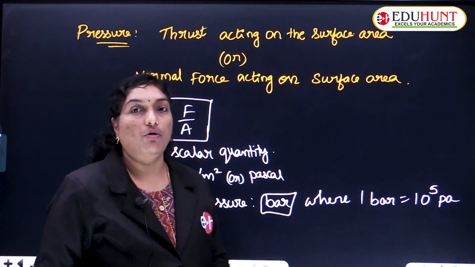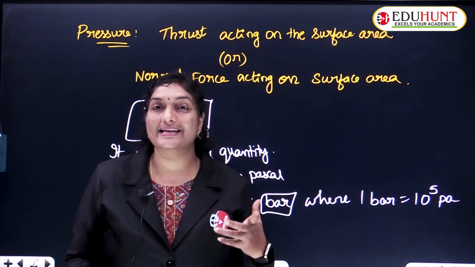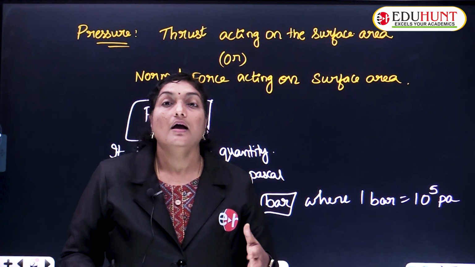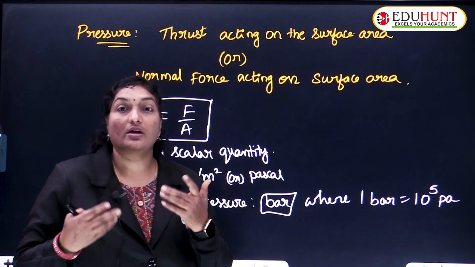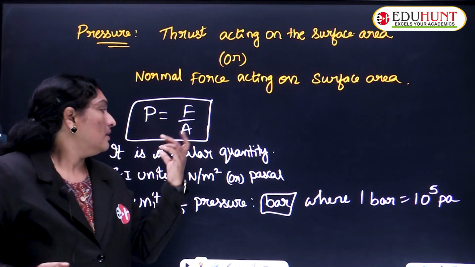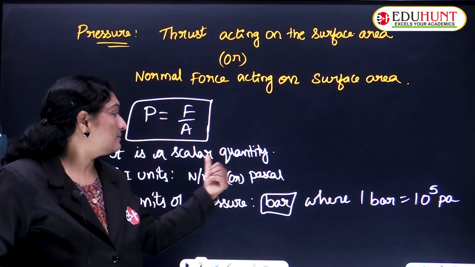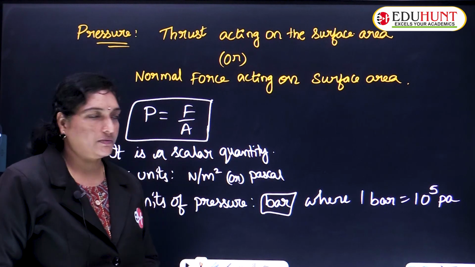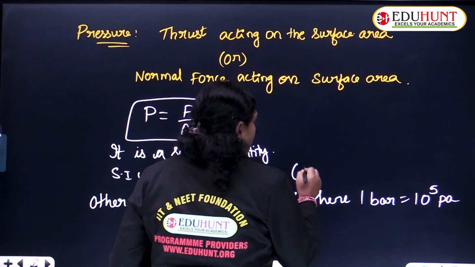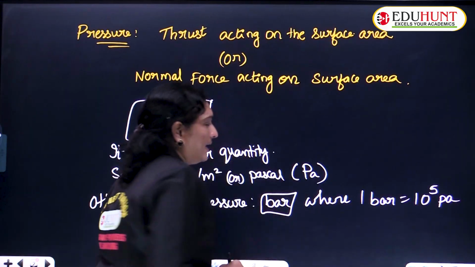Pascal is the name of a scientist, Blaise Pascal. In honor of Blaise Pascal, as a token of respect, the unit of pressure is taken as Pascal. And symbolically it is written as capital P small a.